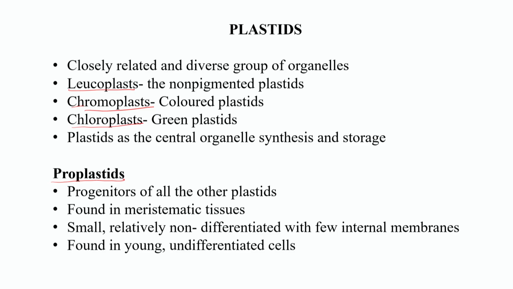It is found in dividing, relatively non-differentiated cells, and has very few internal membranes. So it does not contain the elaborate system of membranes found in chloroplast. It is found in young and undifferentiated cells.